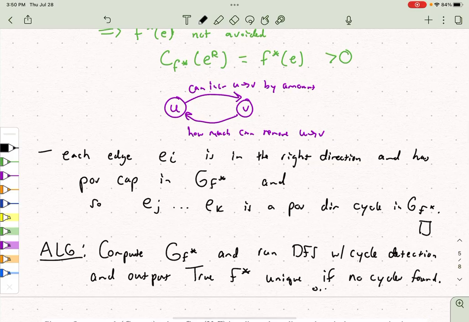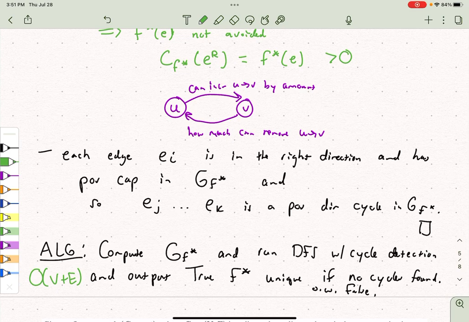Otherwise false. And so because we're just doing a DFS with cycle detection and computing the residual graph, it's going to be O of V plus E. So it's actually linear time to check, given the max flow, if it's unique.